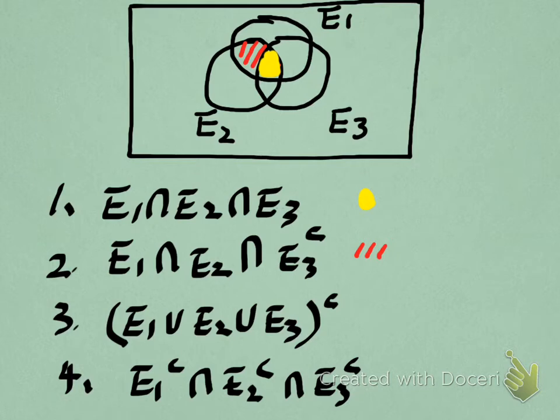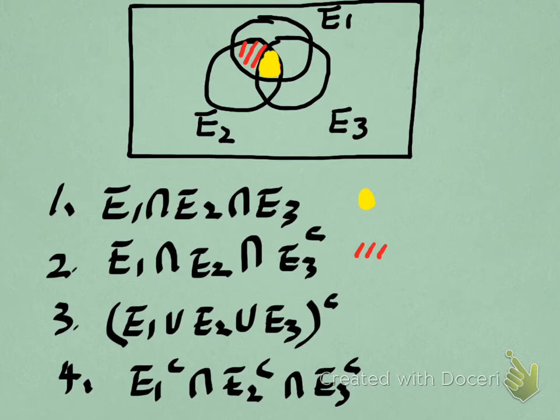What we should do is look at the computation inside the parentheses first. Inside the parentheses, this is E1 union E2 union E3. That means this is the area covered by any of these three circles.